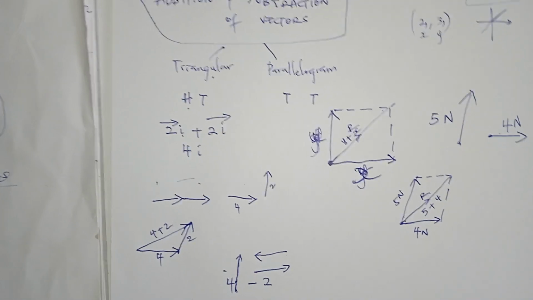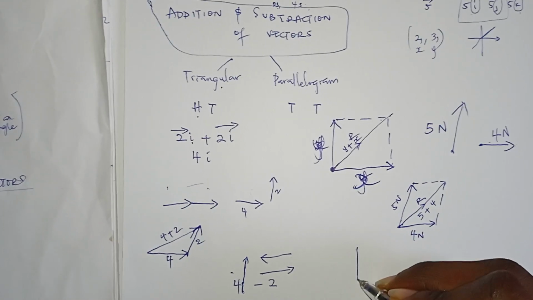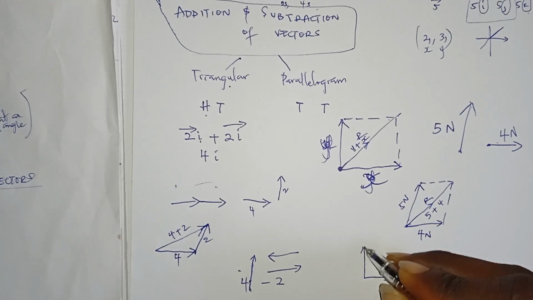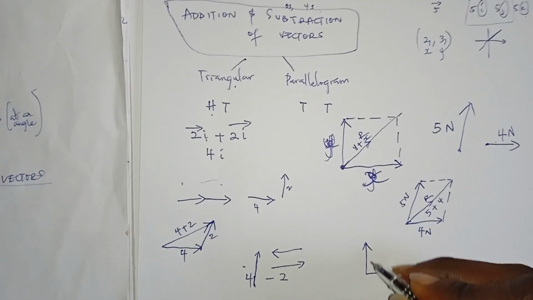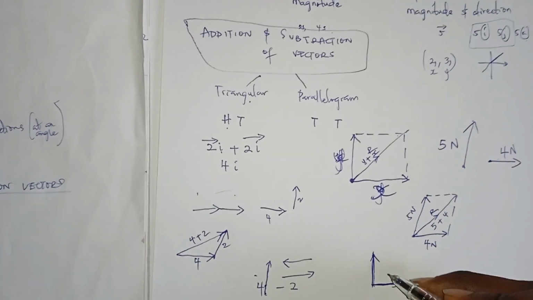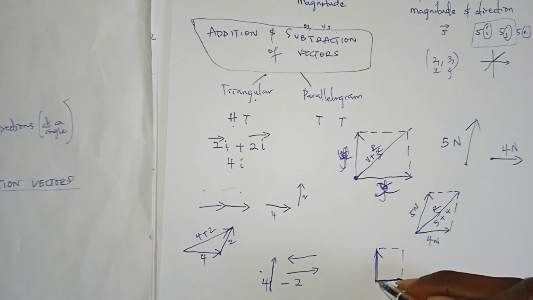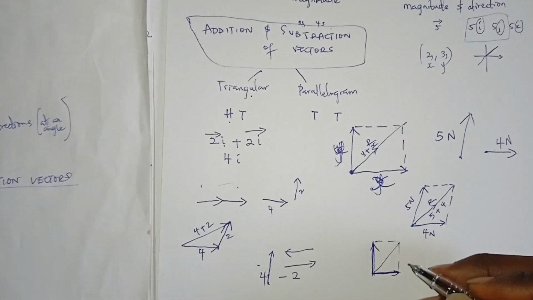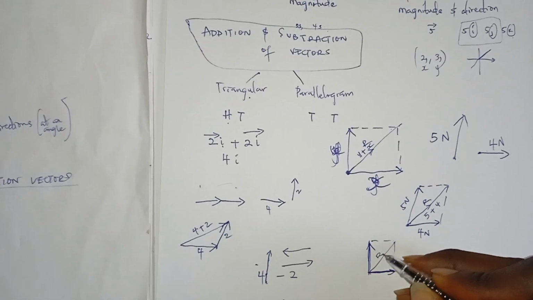So any situation where you have a right angled triangle like this, this is called perpendicular, this is called parallel. Any situation where you have this, by the time you trace this and you trace this, what you have here gives you the resultant.